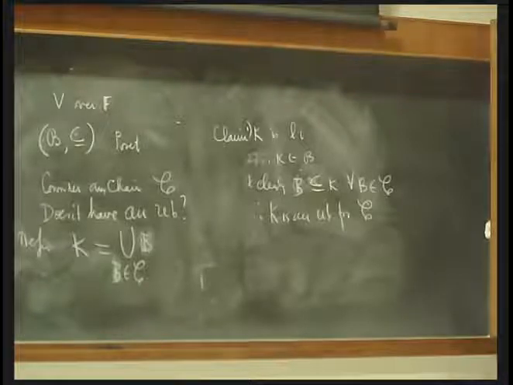Because it is the union of all these B's, K1 must belong to some B1, K2 must belong to B2, Kn must belong to Bn. But because it is a chain, among B1, B2, ..., Bn there must be a biggest one. So all the K1, K2, ..., Kn will belong to that biggest one. That biggest one is linearly independent. So therefore this set will be linearly independent.